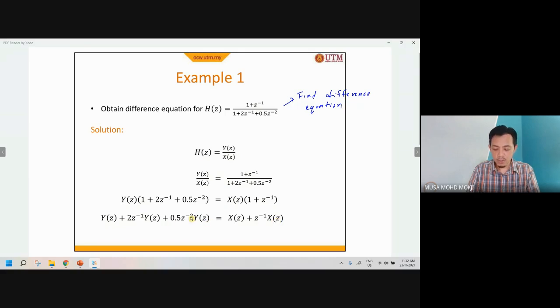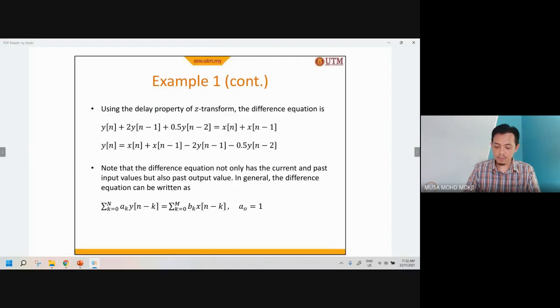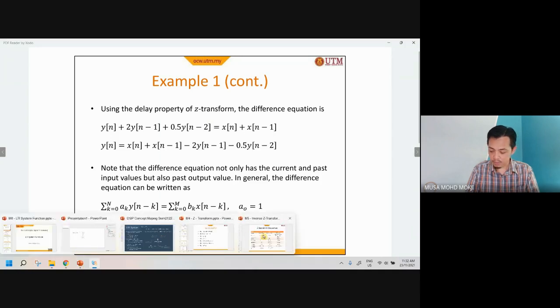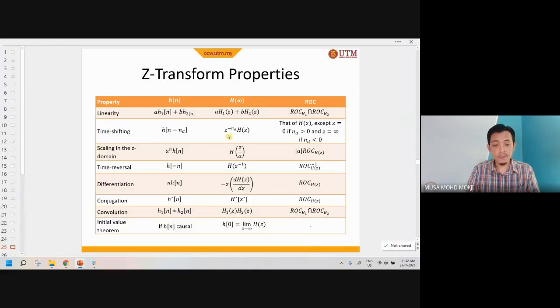And from here, we can use the delay property of the Z transform. Let's see, so this is from last time. For the Z transform, we have two types of tables. One is the Z transform pair. Another one is the Z transform properties. And one of them is time shifting or delay.